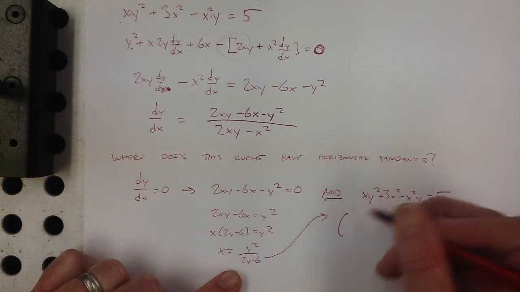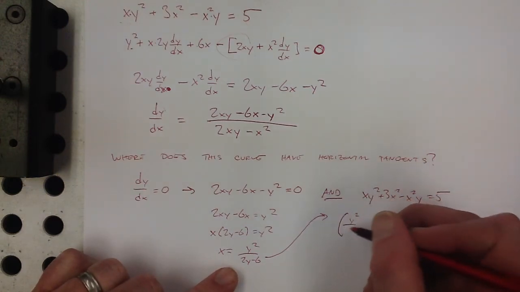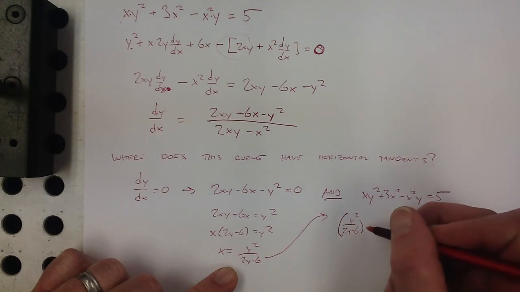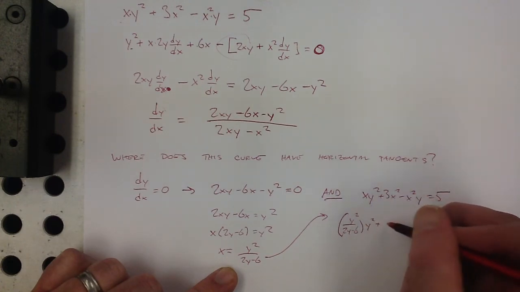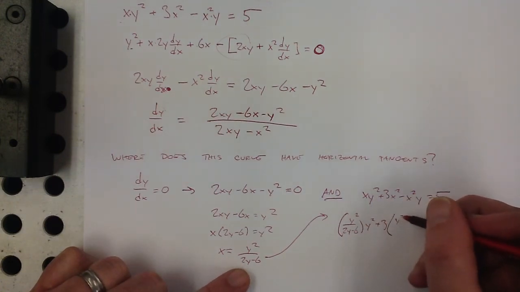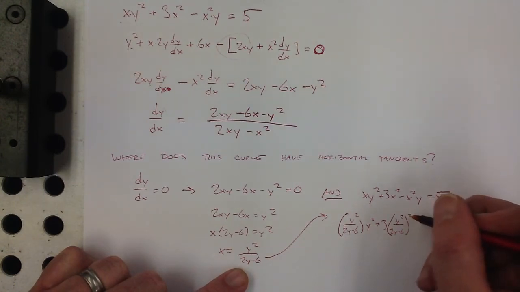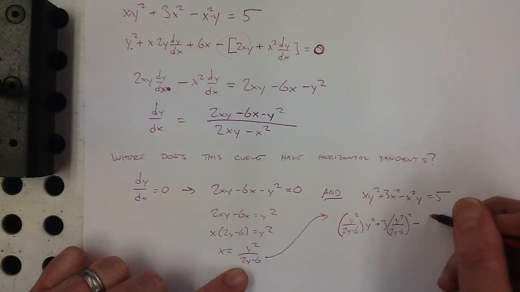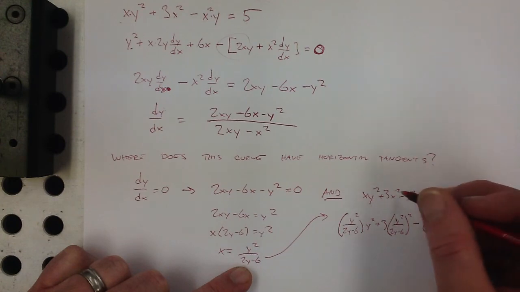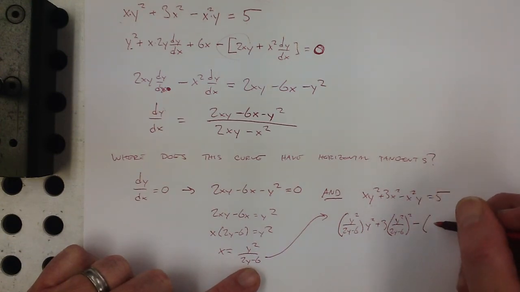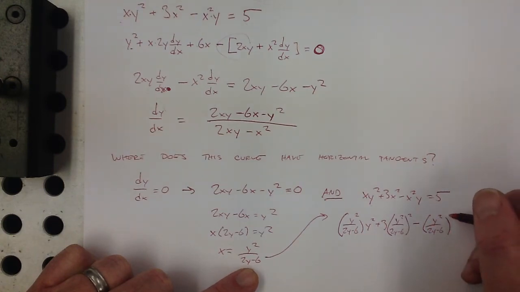So everywhere I see an x, I'm going to write y squared over 2y minus 6 times y squared plus 3 times y squared over 2y minus 6 squared minus, I probably would have done better to do some simplifying there, factor out the x squared or something, but oh well. Y squared over 2y minus 6 squared times y equals 5.